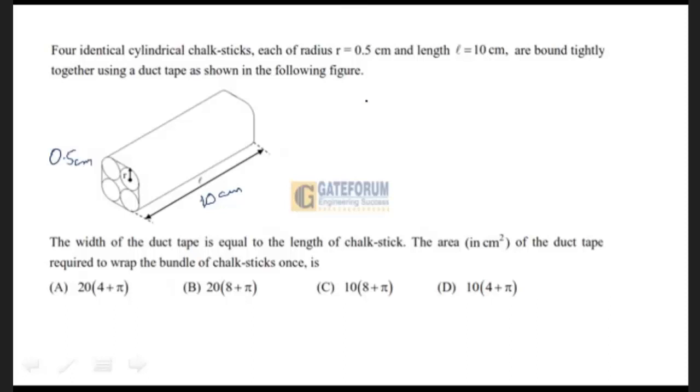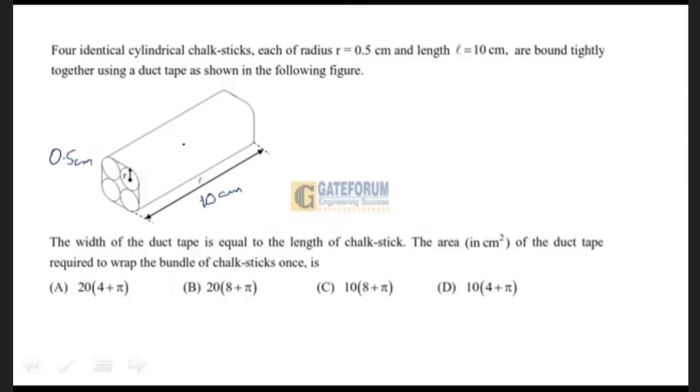And as is shown in the figure, these are the 4 chalks that are there. The width of the duct tape is equal to the length of the chalk stick. That can be seen from the diagram too. The area of the duct tape required to wrap the bundle of chalk sticks only once is how much?